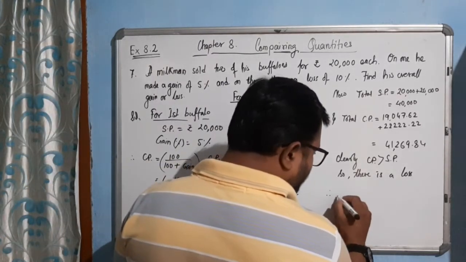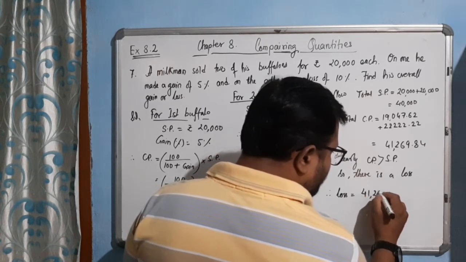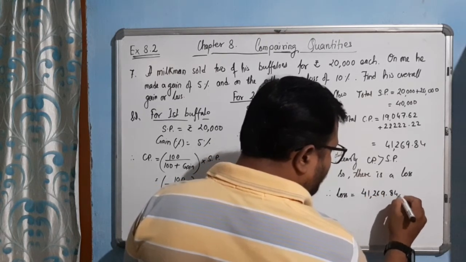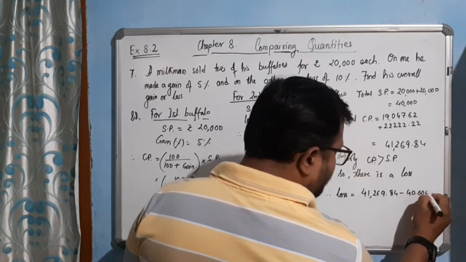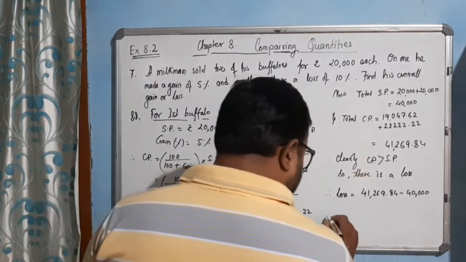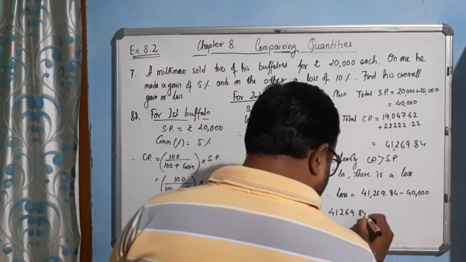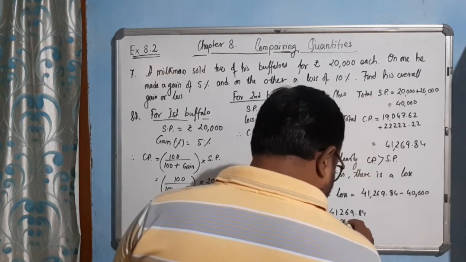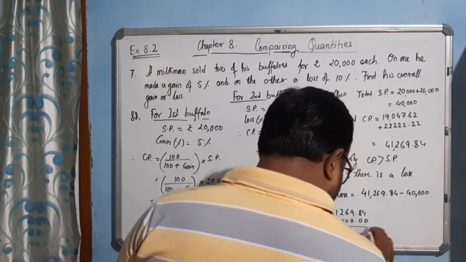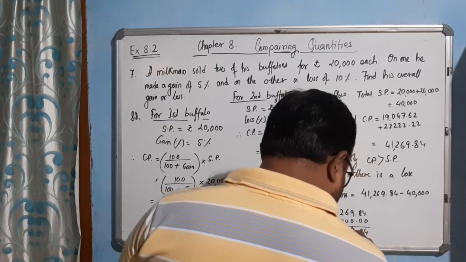Therefore, loss equals 41,269.84 minus 40,000. Is it clear? So we will subtract this one. See, look here: 41,269.84 minus 40,000.00.